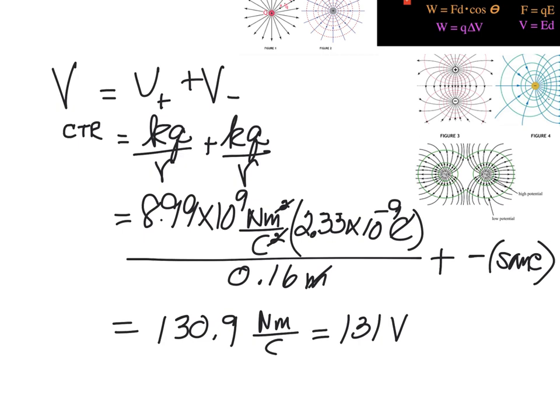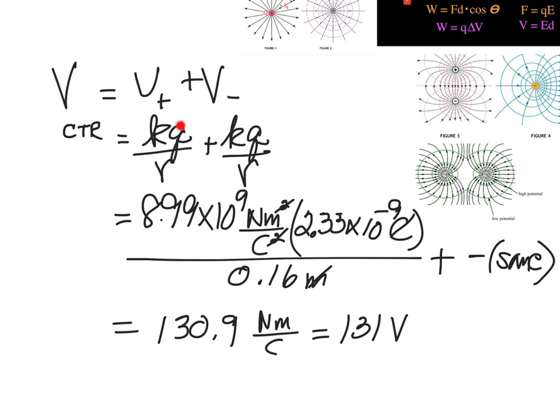And on a quiz, write out the units. You have newton meters squared per coulomb squared. One of the coulombs cancels, one of the meters cancels. That leaves you with newton meters over coulombs. That's joules per coulomb. That's a volt. So the units are correct.